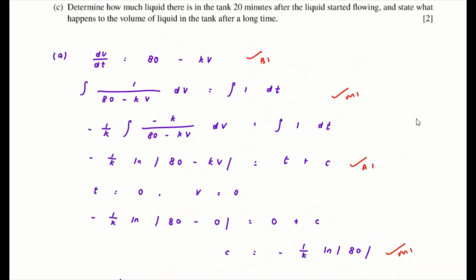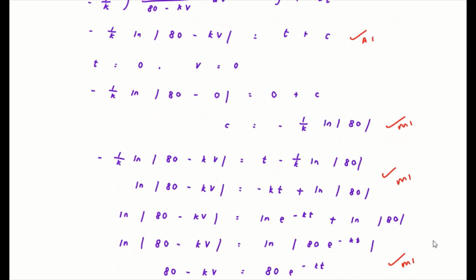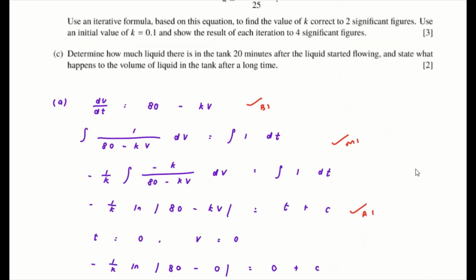Then 1, 2, 3, 4, 5. Then the next part is you understand how to change all your ln terms to non-ln, so it's here. Then when you get your last answer, you get your A1. Okay, so that's basically the whole thing: 1, 2, 3, 4, 5, 6, 7.